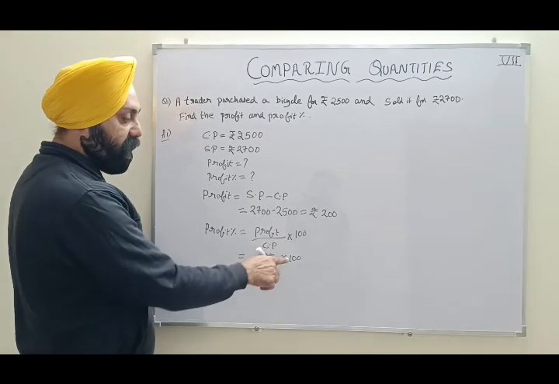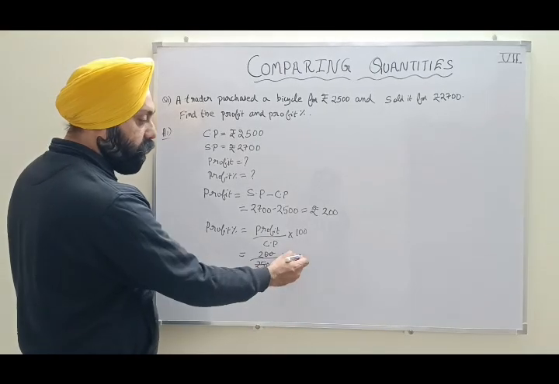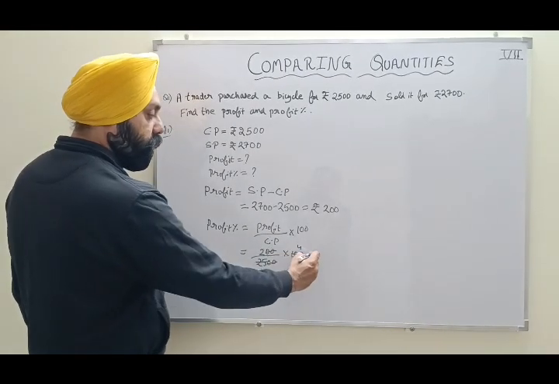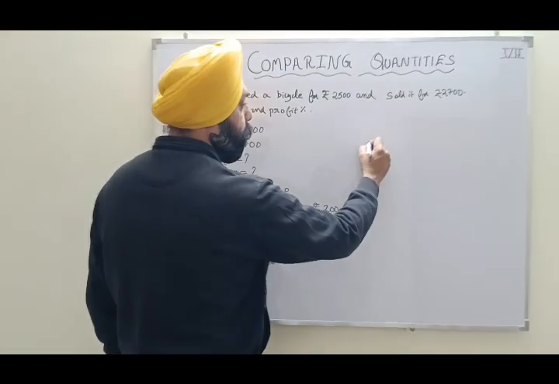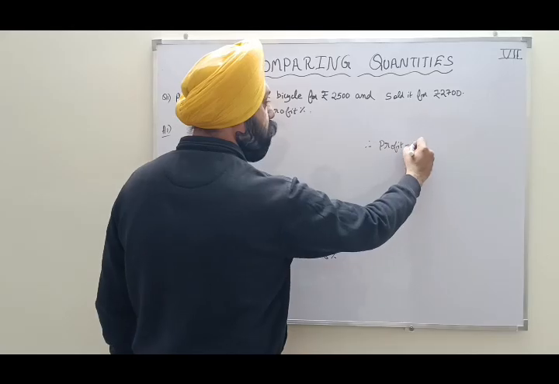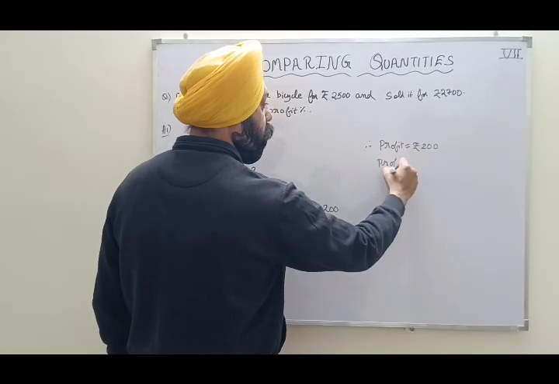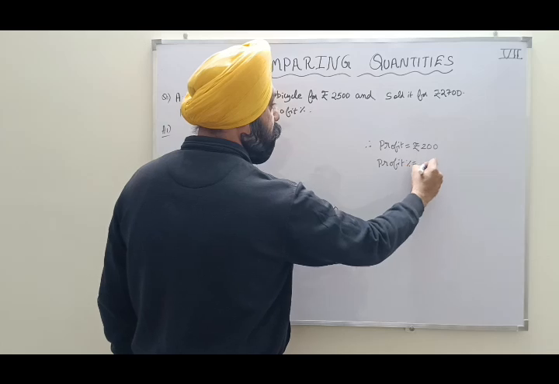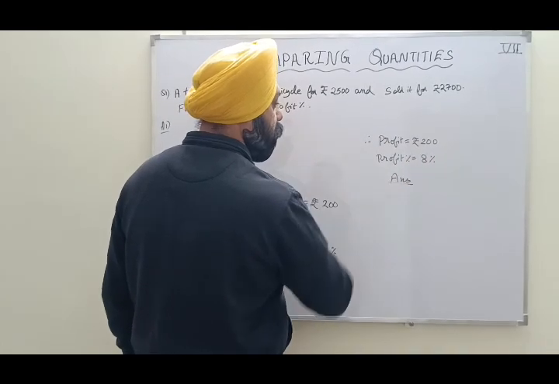Now 25 and 100 are also divisible, so I can cut: 25 ones are 25, and 25 fours are 100. 4 into 2 will give 8%. Therefore, profit is equal to rupees 200 and profit percent is 8%. This is the required answer.